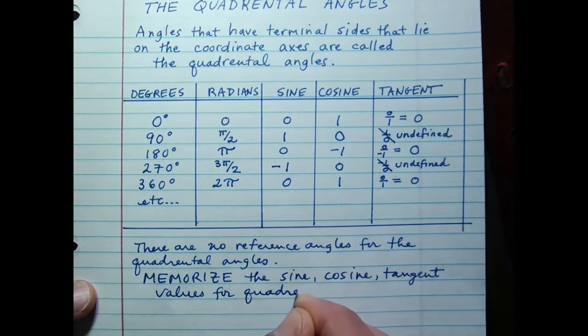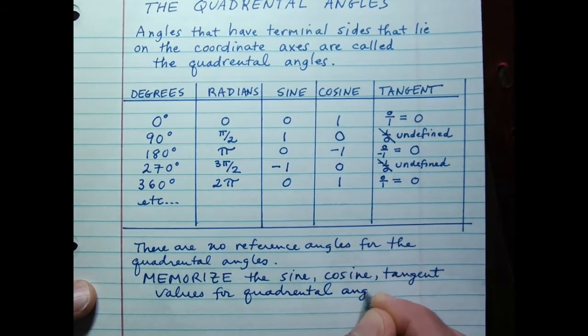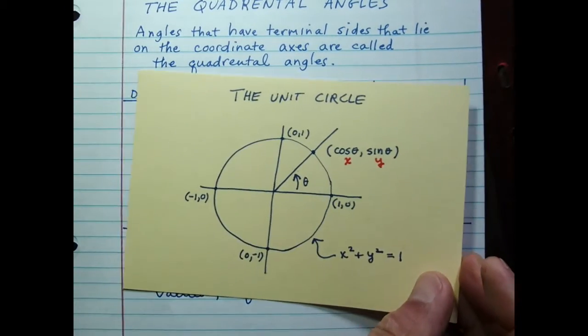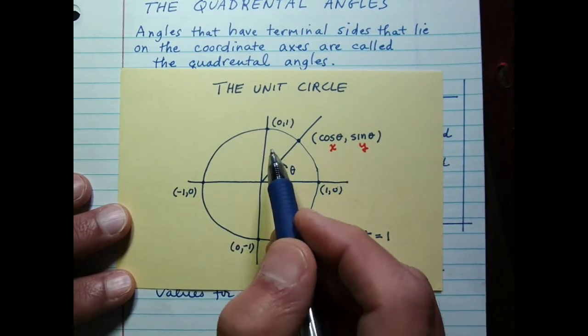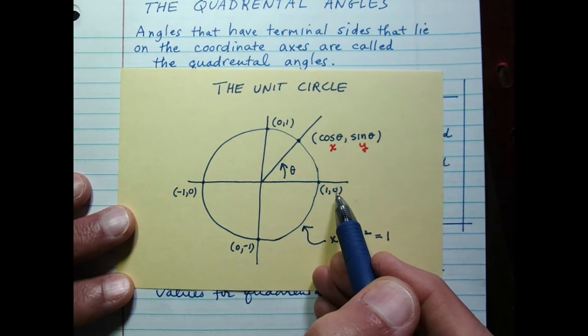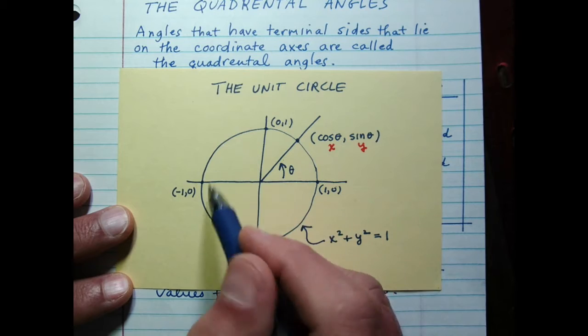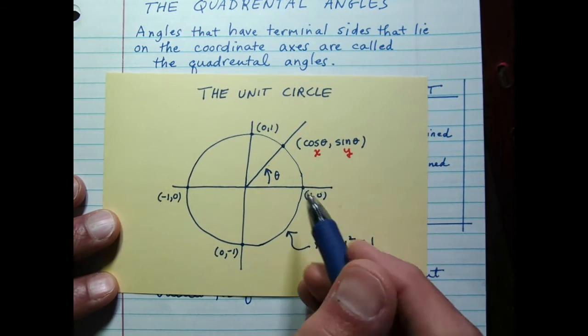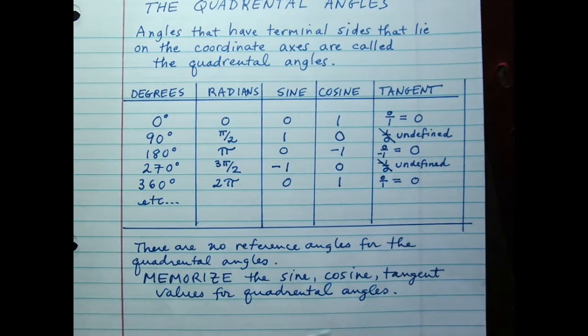Now, it's so easy to go back to this unit circle picture. I'm not sure what it means to even memorize them, because it should be very easy for you to remember the intercepts on the unit circle. And so you can always just refer back to this picture in your mind to come up with these values.